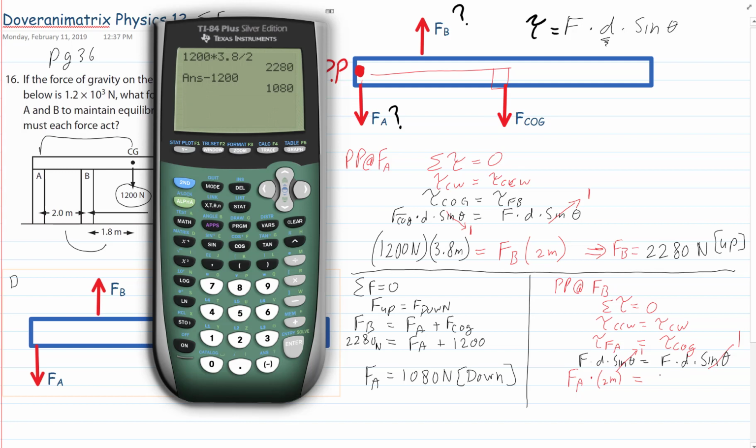And this is the force of the center of gravity, which is 1,200 newtons times the distance, which is 1.8 meters. So FA is equal to 1,200 times 1.8 divided by 2. And it is the same answer as we had over there.